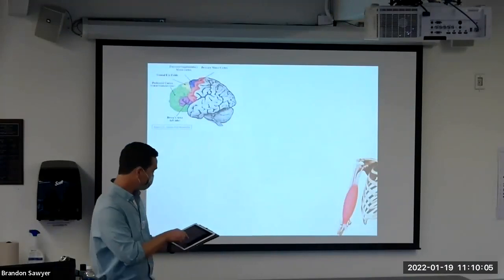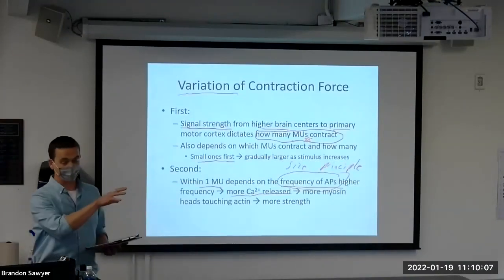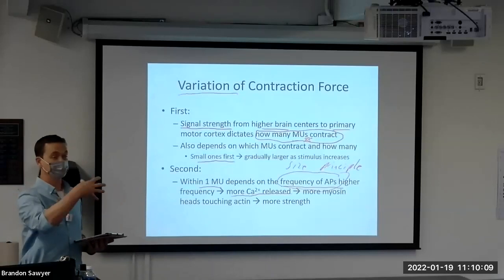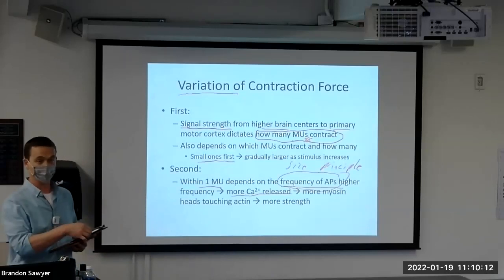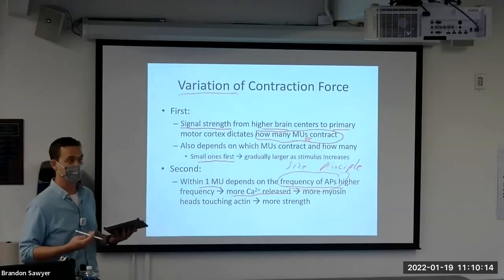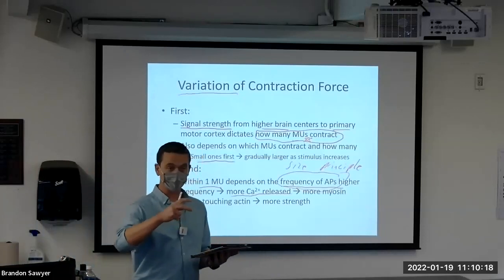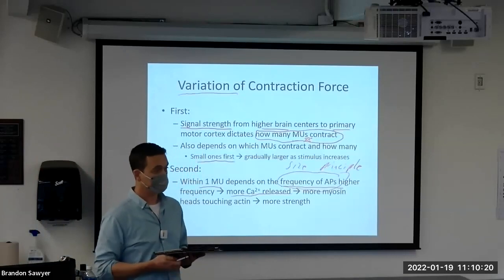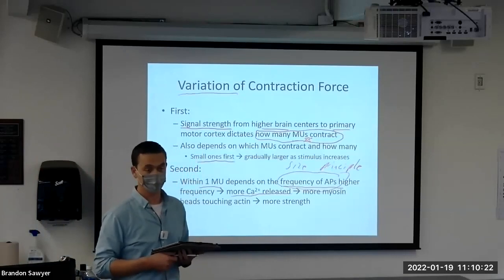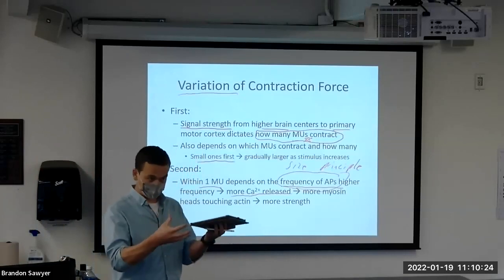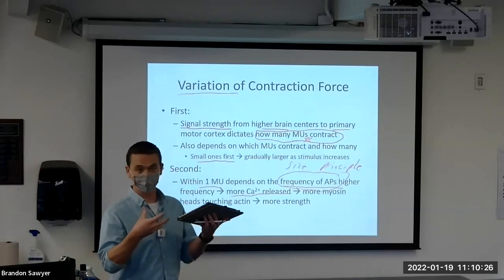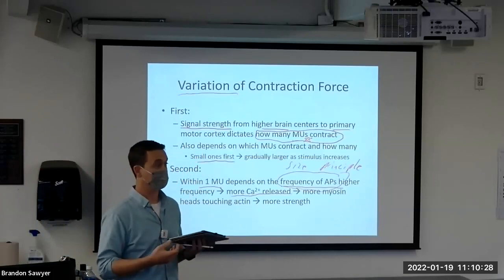Okay, so we left off last class talking about how we could use the same muscle to get a different amount of force out of it, right? How we vary the amount of force we can get in a muscle. We talked about this idea that we can use a differing number of motor units to do that. So we can activate more or less motor units, and that happens via activating more or less motor neurons.